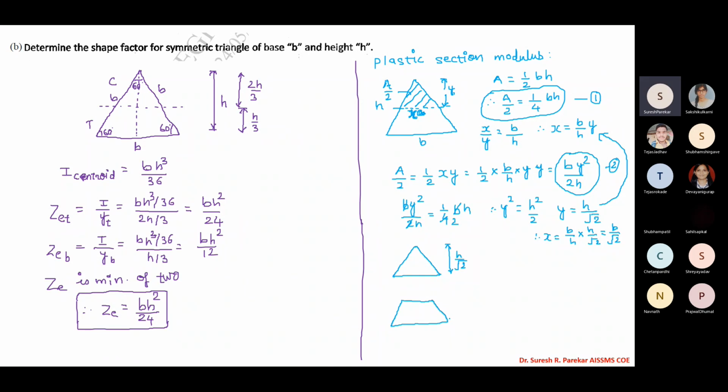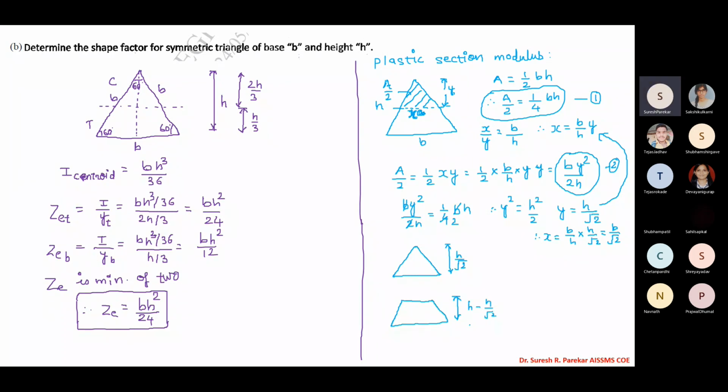Now what will be the height of this? We have to find this. So this is H minus H by root 2.